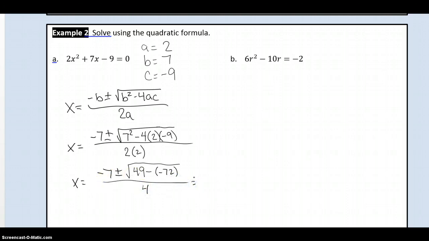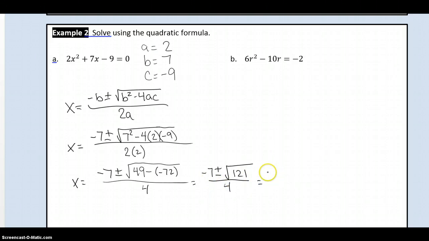And then if you want to go work out to the side from there, if you want to go down, either way it doesn't matter. So you've got negative 7 plus or minus the square root of 49 minus negative 72. Add those together.